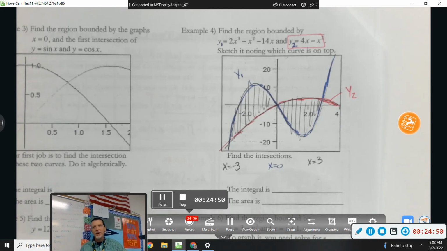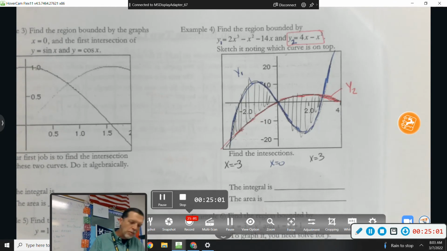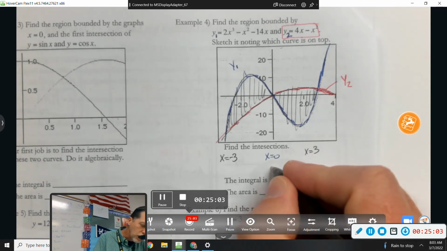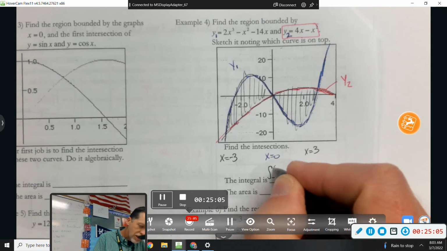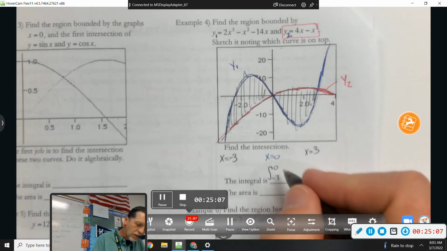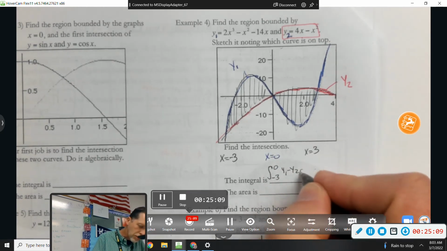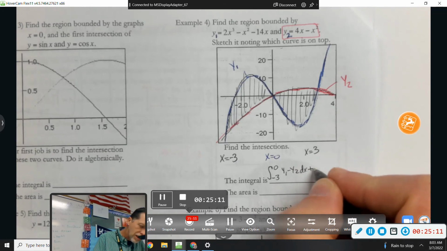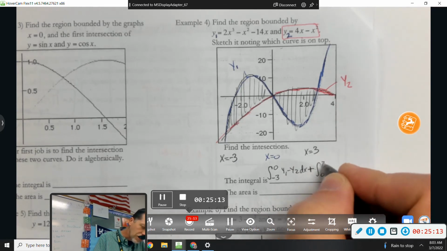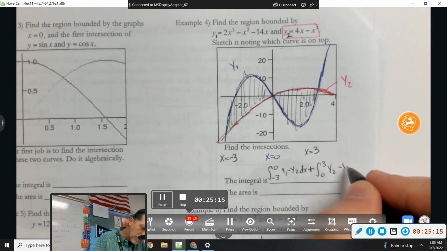And so this will be one where if you don't do the graph, and you just say, well, the cubic one's probably bigger, I'll just assume that one's bigger. And hey, if I get it wrong, I'll just change the sign. Well, that won't work on this one. It's going to have to be two integrals. So negative 3 to 0, y1 minus y2, plus 0 to 3, y2 minus y1.